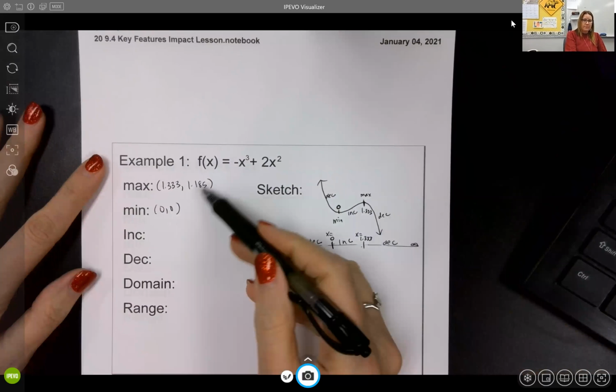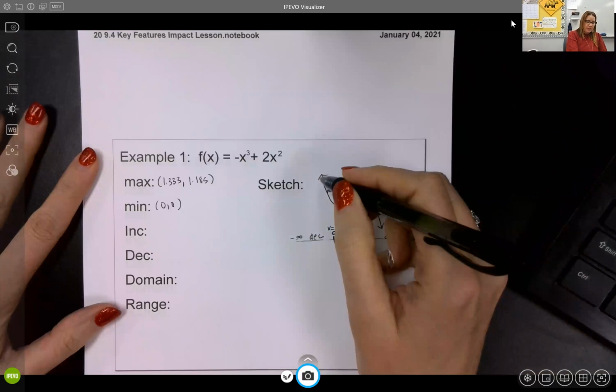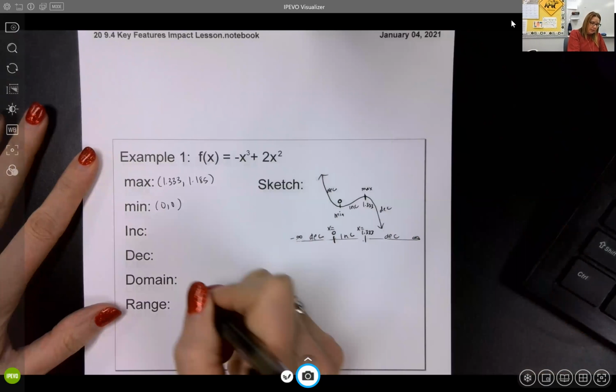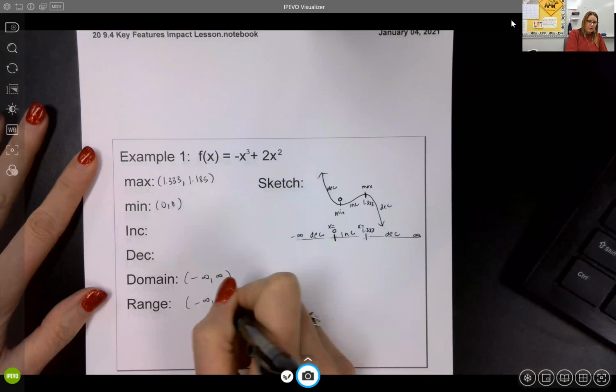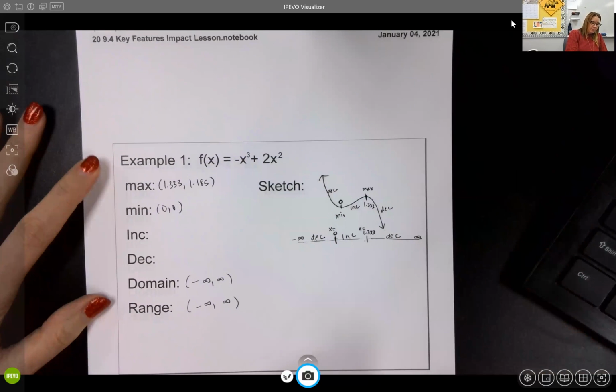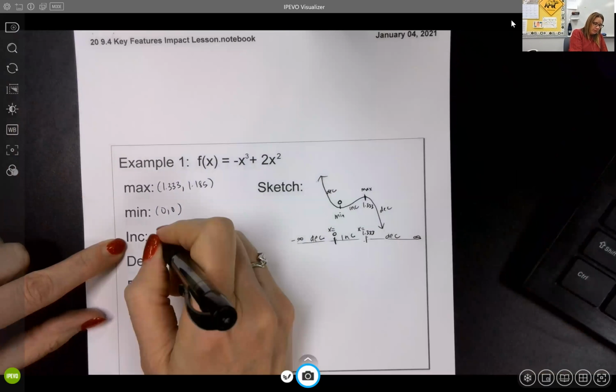This is a graph that goes up and down forever, so domain and range are both going to be all real numbers. Increasing is going to be from 0 to 1.333.